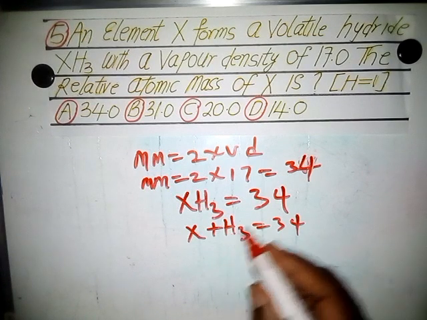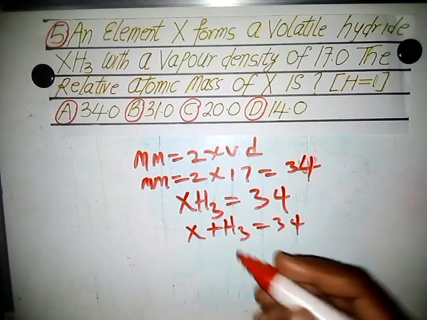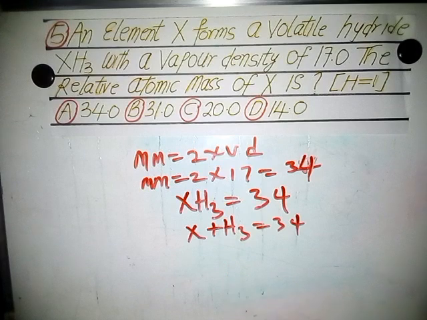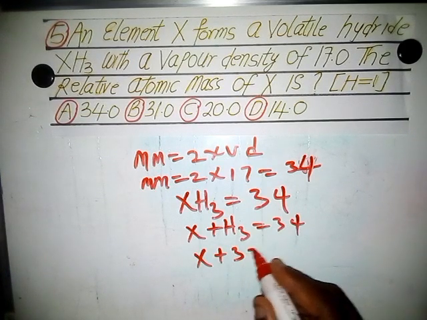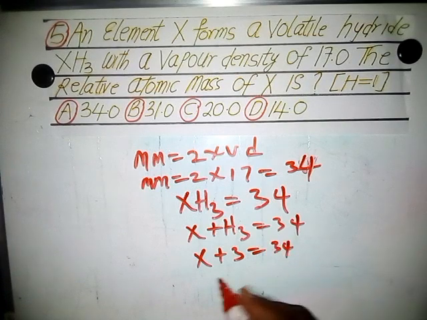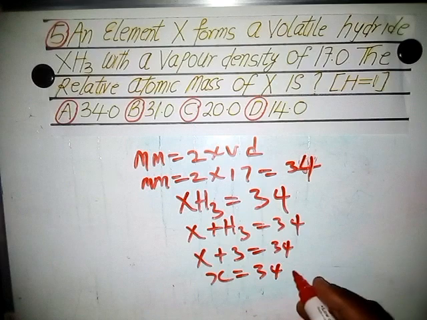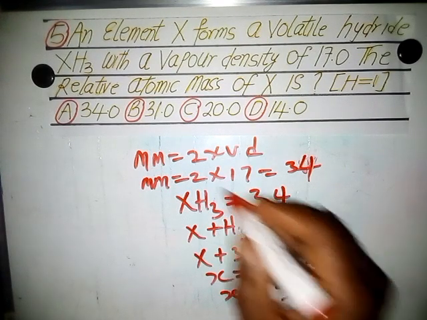Hydrogen is 1. You know that one. 3 times 1 is 3. So X plus 3 equals 34. X equals 34. When the 3 comes here, it turns to minus 3. X equals 31. So the answer is B.